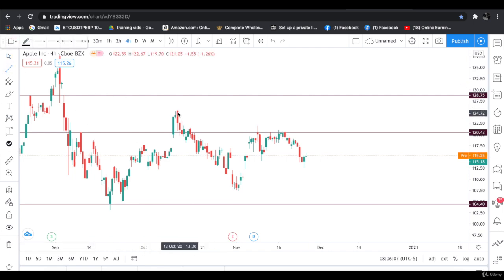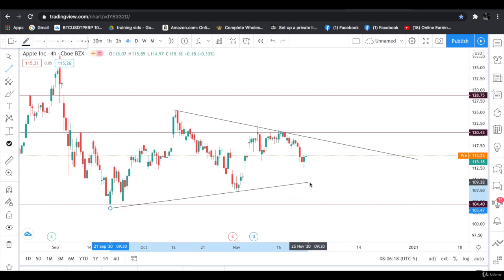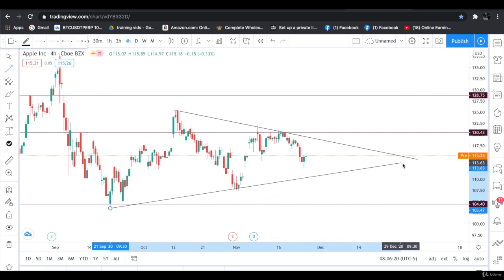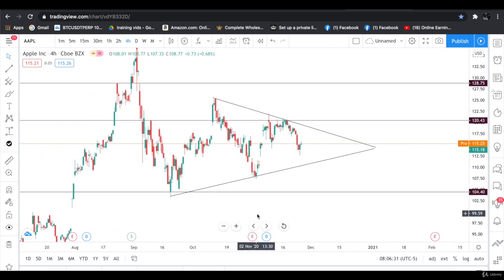This is the trend line and this is the resistance level. The price is facing a resistance and this is the support level. So this is our symmetrical triangle. You can see the Apple stock is now trading inside the triangle and these key levels are acting as support and resistance level.